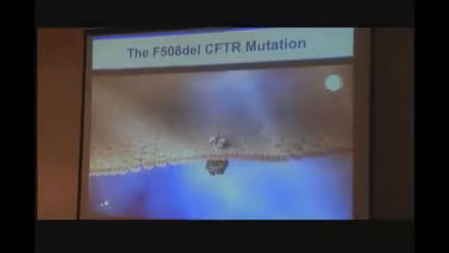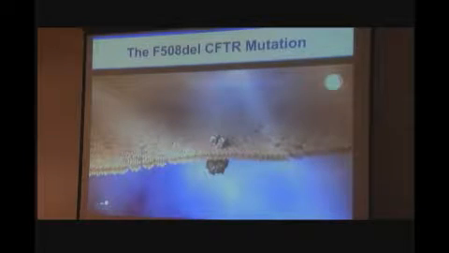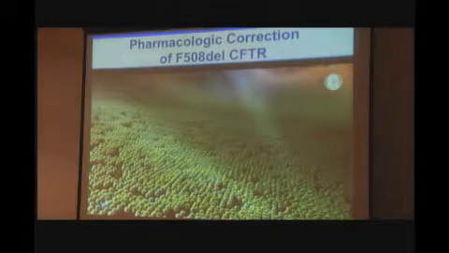And you can see that the bottom of that channel is misfolded because the area that controls its gating is not working well, and therefore it doesn't move very much chloride or bicarbonate. And that's what we envision patients with the F508 mutation suffer because of that deletion in their protein.